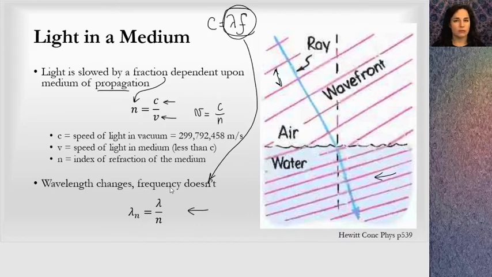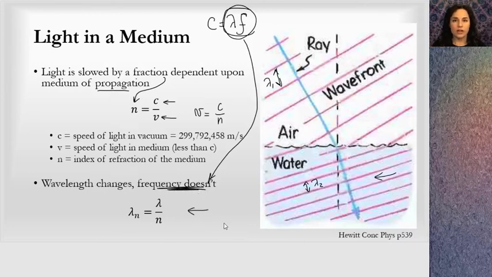This is something that comes up as questions and sort of a concept, what's going on in there. The wavelength changes, and you can see that over in this picture. That's why I like this picture, the first wavelength in air is longer than the second wavelength in water. Because it slows down, that wavelength will be smaller. And the frequency does not change.